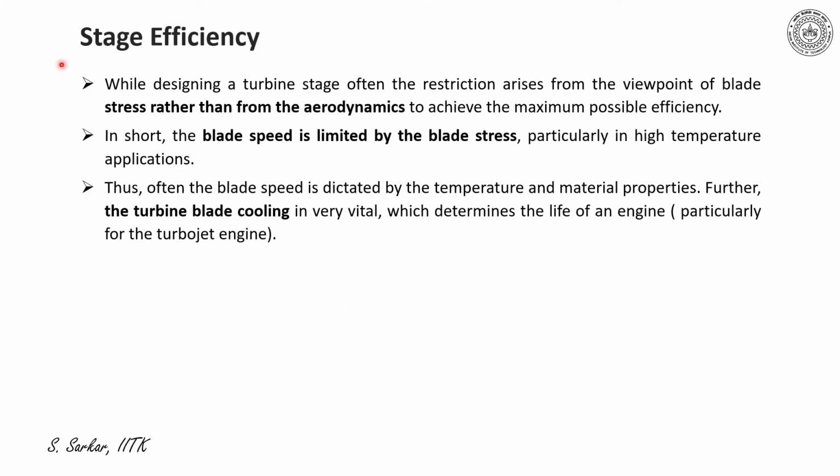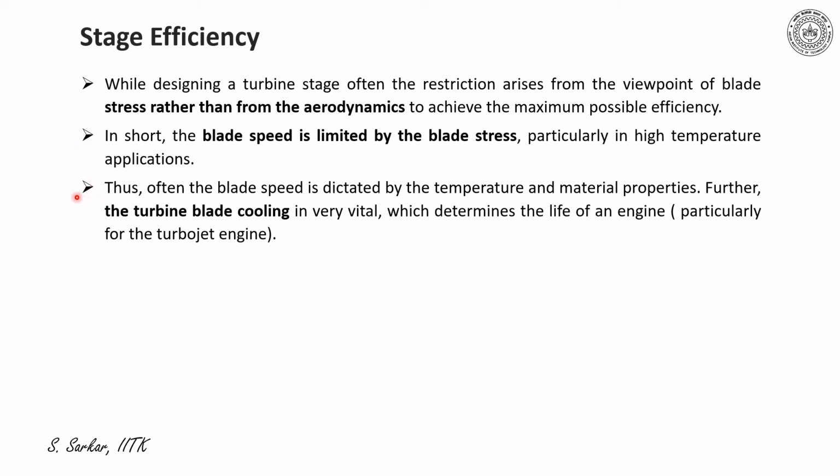Please note the following. While designing a turbine stage, often the restriction arises from the viewpoint of blade stress rather than the aerodynamics to achieve the maximum possible efficiency. In short, the blade speed is limited by the blade stress, particularly in high temperature application.